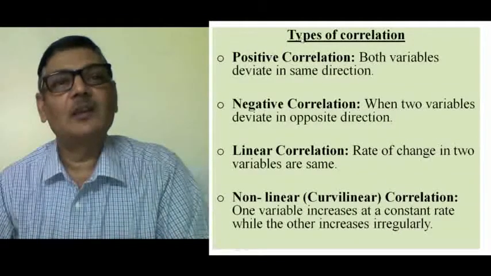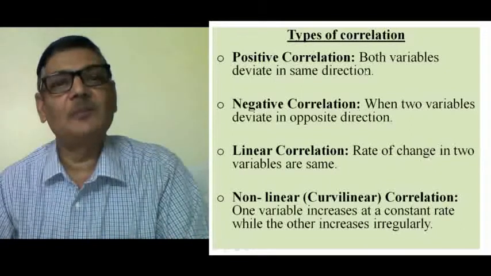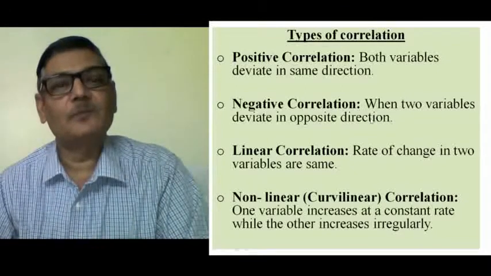Now we can see that correlation could be of four different types. Positive correlation, when both variables deviate in the same direction, that is, an increase in one variable results in an increase in the other one. The second one is negative correlation, in which the two variables deviate in opposite directions.